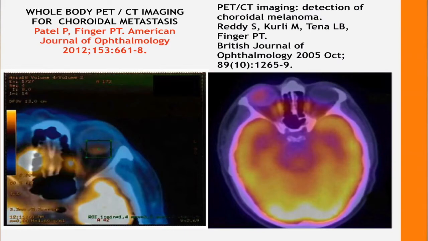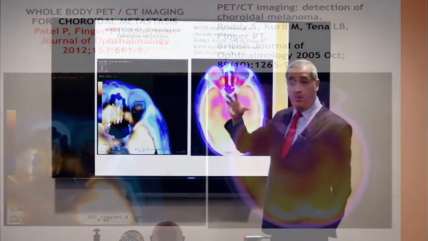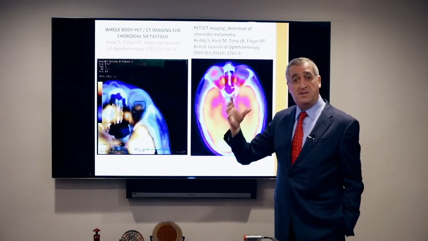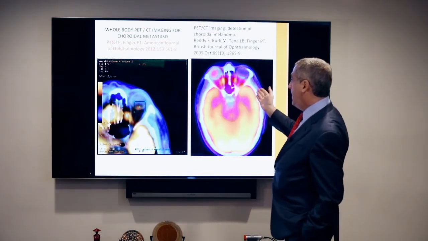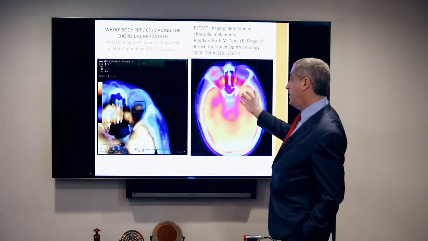The other thing that we noticed was that the metastatic lesions lit up too inside the eye. This is a slide from a picture of a large choroidal melanoma by Dr. Reddy. It's a paper by Dr. Reddy looking just at the intensity of the PET brightness inside the eye using PET or PET-CT.